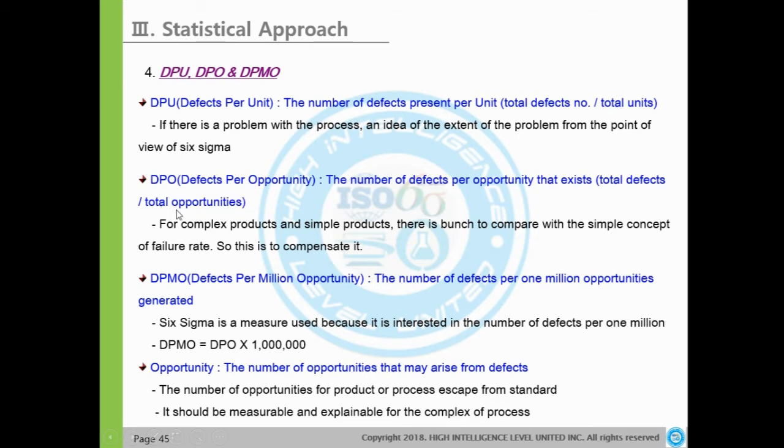For example, in one unit it can be one opportunity, but mostly we have multiple opportunities. Like in the previous penny example, there are 6 opportunities for 1 penny. And DPMO is just DPO expressed per million opportunities.